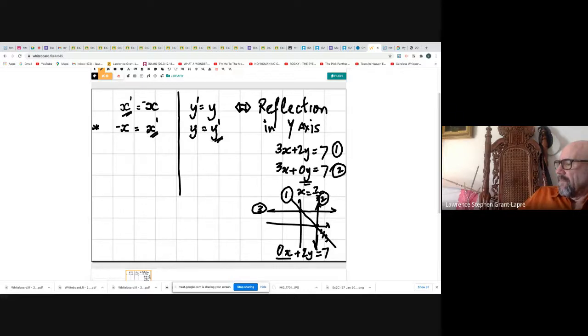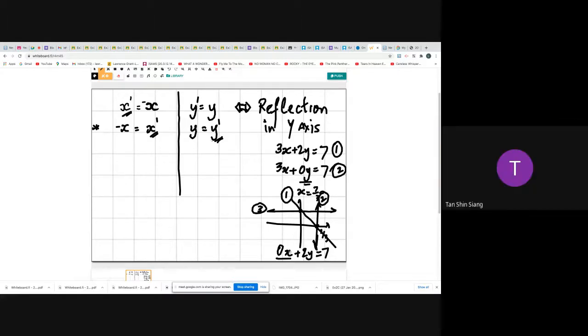Can I just say 2y equals 7? What is 0 times x? 0. Do I need to say 0x? No, not really. But can I have it there? Yes, because 0x simply means nothing.